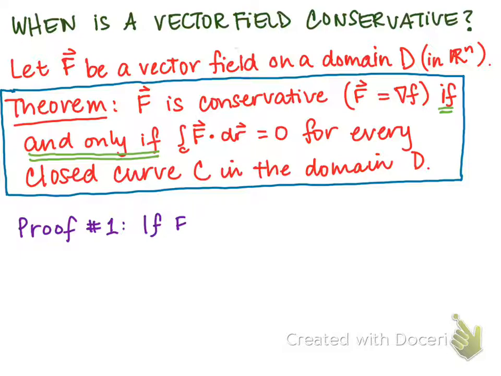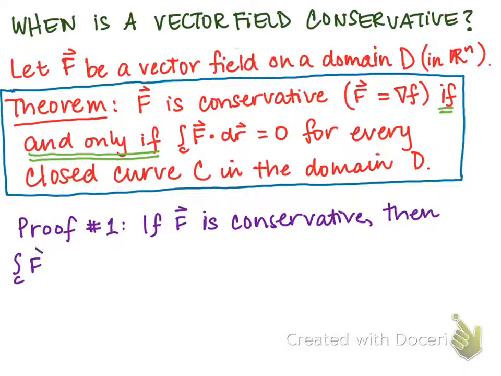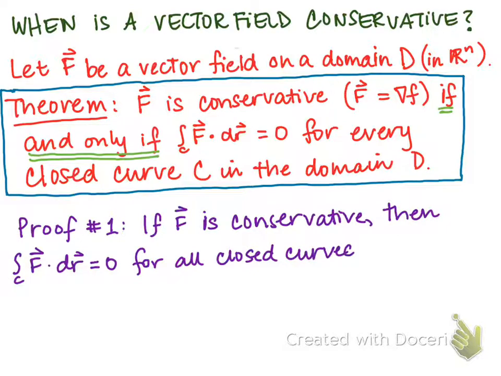If F is conservative, then the line integral over C of F dot dr equals 0 for all closed curves C in the domain D. Well, we already talked about that.